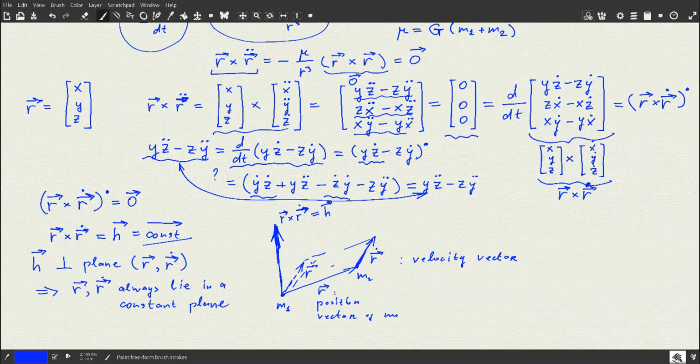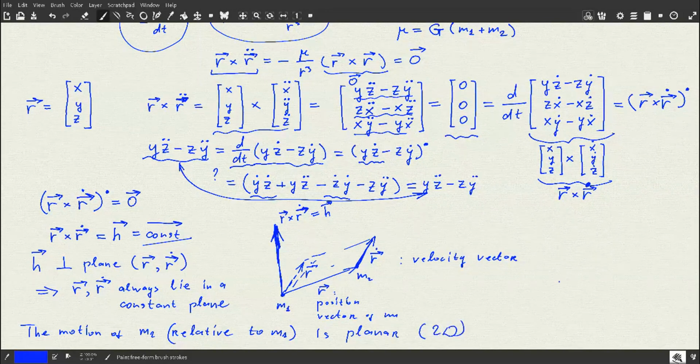From which it immediately follows, a very fundamental fact for us and a very useful one, that the motion of M2 relative to M1 is planar, 2D.